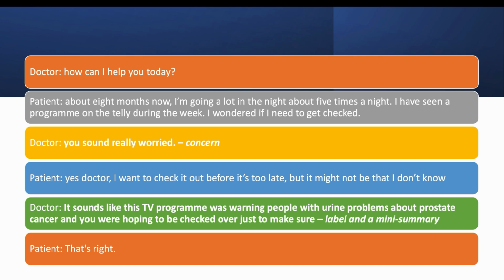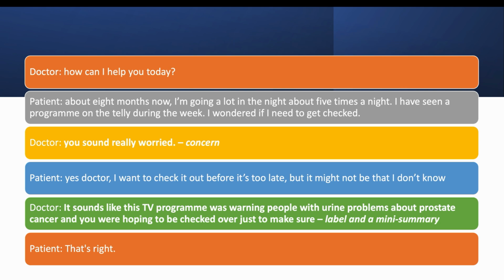Patient: Yes, doctor, I want to check it out before it's too late, but it might not be that, I don't know. Doctor: It sounds like this TV program was warning people with urine problems about prostate cancer and you were hoping to be checked out just to make sure? Patient replies: That's right.